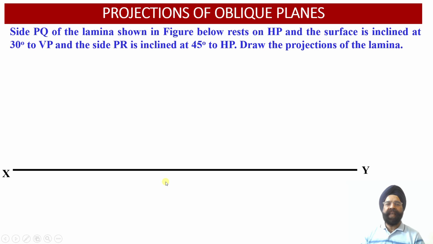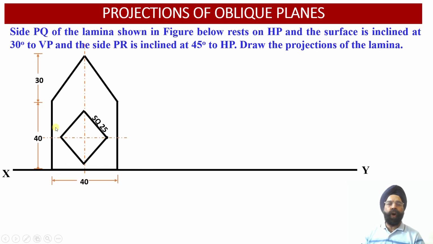So here, as discussed, because the first angle of inclination of the surface of this lamina is with respect to VP, to begin with, we assume that this lamina will be located parallel to the vertical plane. So we are going to obtain the true shape projections of this lamina onto the vertical plane in the front view projections, and this edge PQ should be resting onto the ground.